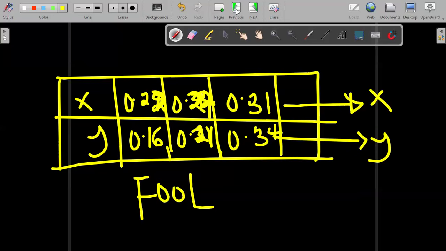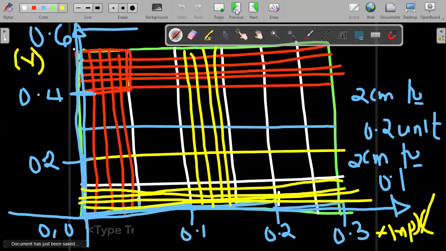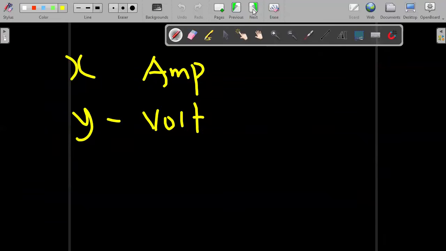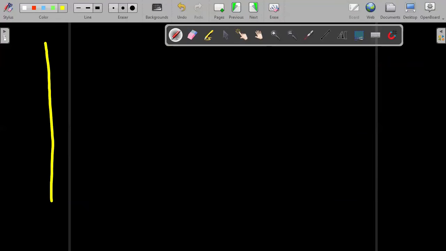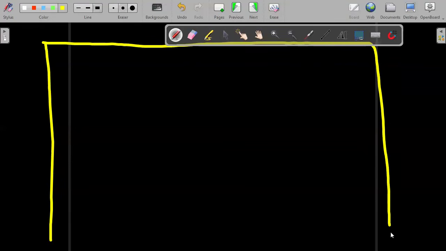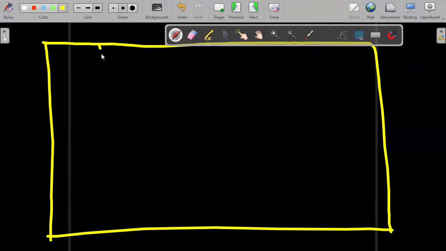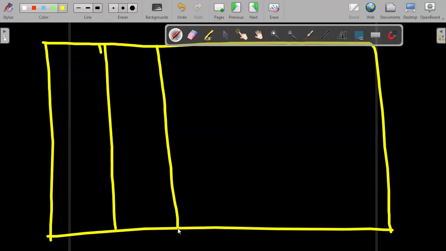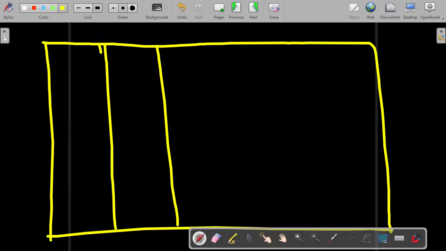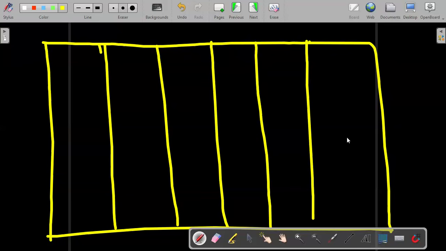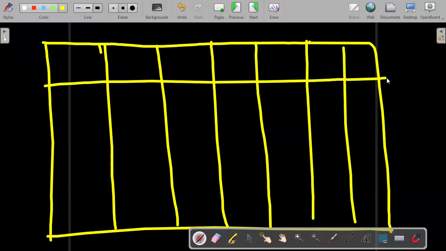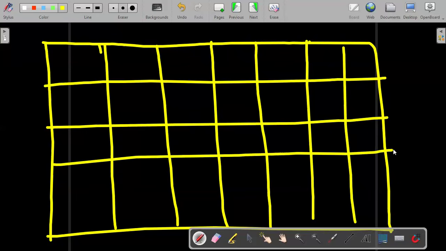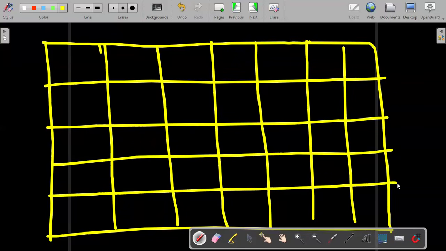So now, if you notice, let me redraw this graph. So we have how many points? 5.